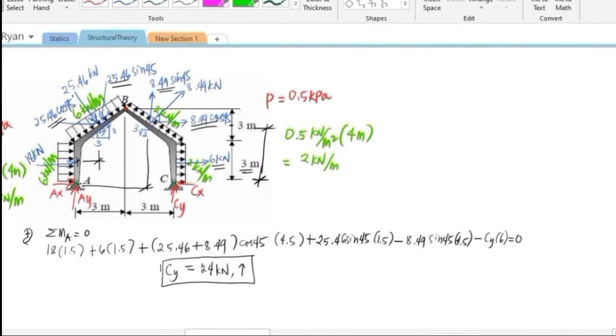And in order for us to solve for the vertical reaction at the support A, so we have to summate forces vertical is equal to 0, taking the upward direction as positive.